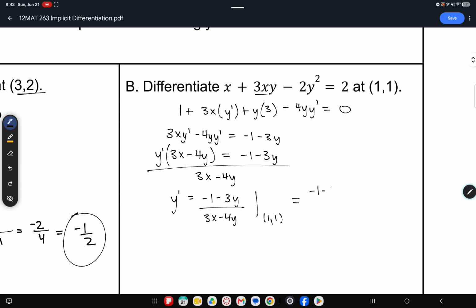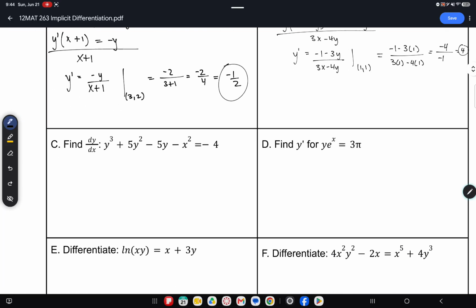So we get negative 1 minus 3 times 1 over 3 times 1 minus 4 times 1. A lot of ones. So negative 1 minus 3 is going to be negative 4. And then I have 3 minus 4, so negative 1, for a final answer of 4.